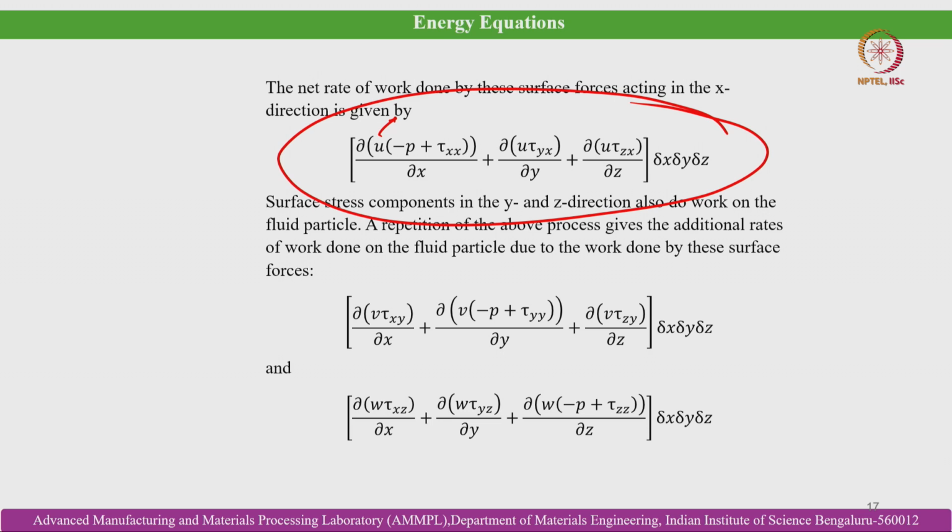The resultant expression will be (del by del x of v tau xy plus del by del y of v times (minus p plus tau yy) plus del by del z of v tau yz) into delta x delta y delta z, and similarly for the z direction it will be (del by del x of w tau xz plus del by del y of w tau yz plus del by del z of w times (minus p plus tau zz)) into delta x delta y delta z. So, this is the rate of work done by the surface forces along the x, y and z directions.